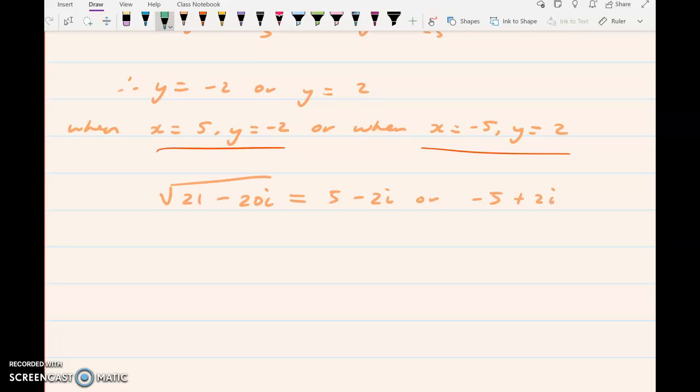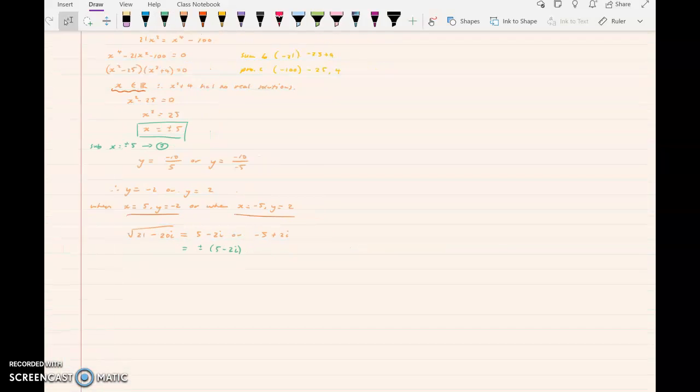And you might see that written as, I'm just going to write it in a different color, plus minus (5 minus 2i), because the 5 and minus 2i can both change signs there for both solutions. So that's my final answer.